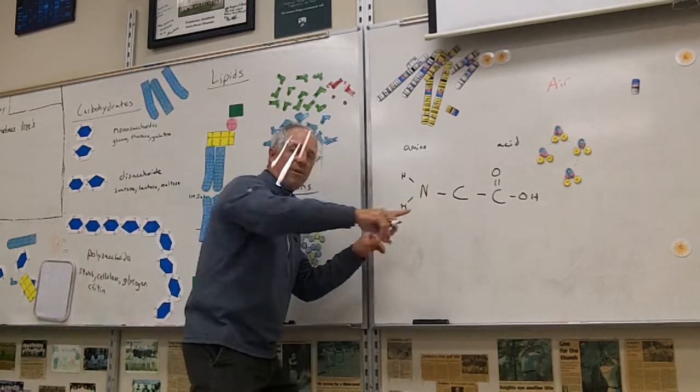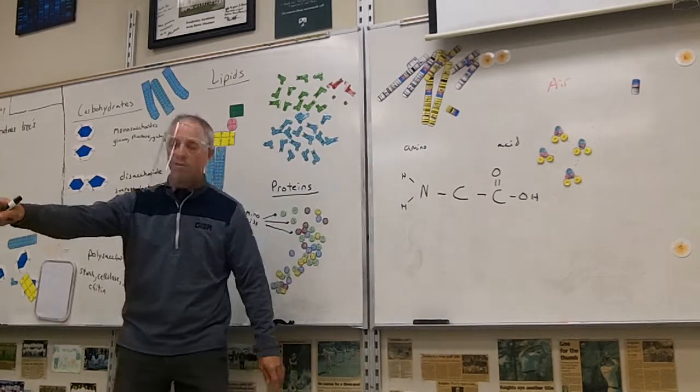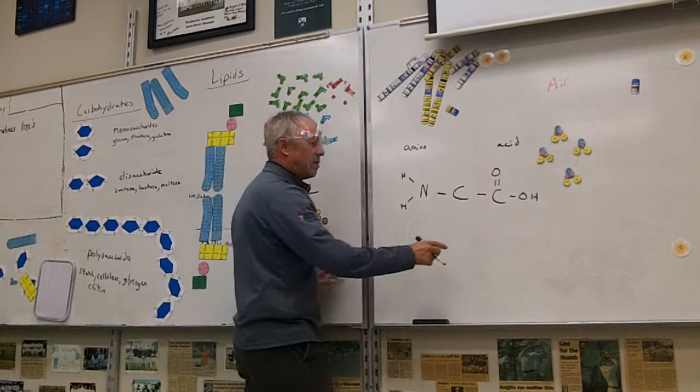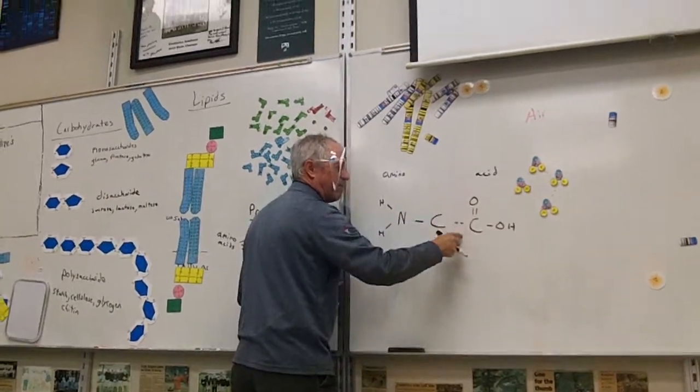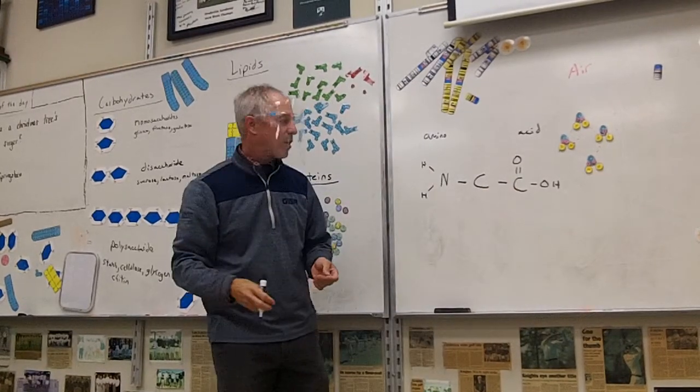Are you with me over here? I can see it. The O and the OH, that's the acid. This whole thing is the acid group. Why is it an acid group?